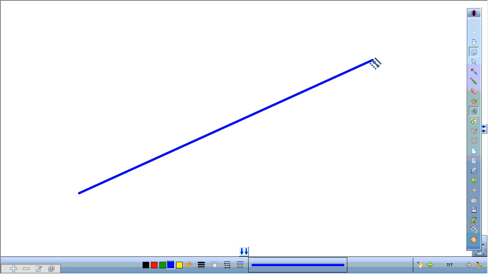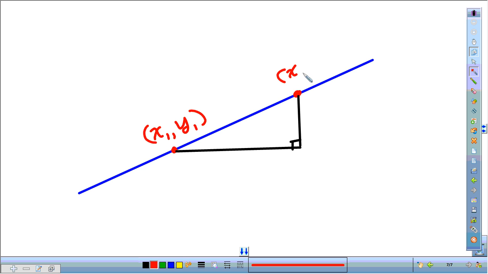So let's look at the line. Let's take two of these points and look at the triangle. Generically for the moment, we'll have points x, y, with the subscripts 1 and 2, so two different points.